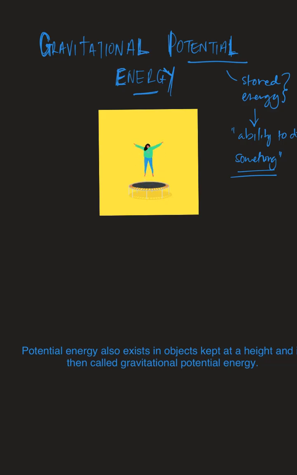So when we talk about gravitational potential energy, we are talking about energy an object has due to its position. All right, so that's what we mean by a potential energy. The fact that we're using the word has means that it is stored. So what you have inside of you.